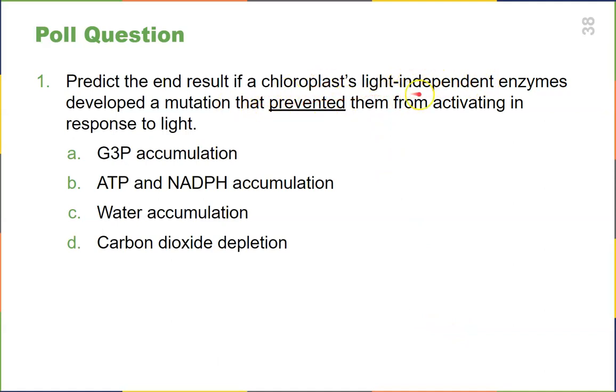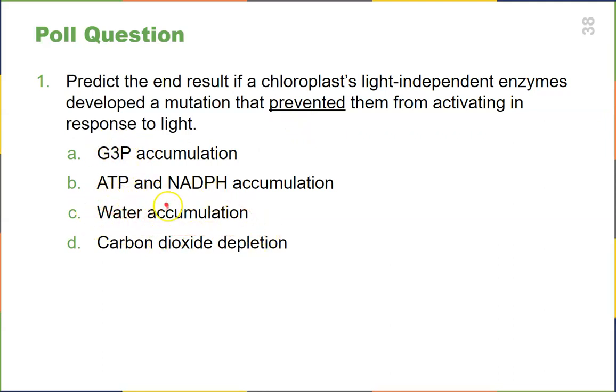So if the chloroplast's light dependent pigments developed a mutation that prevented them from capturing light or from activating in response to light, what would happen? Or what would occur, I guess, in the plant? So we would have water accumulation.